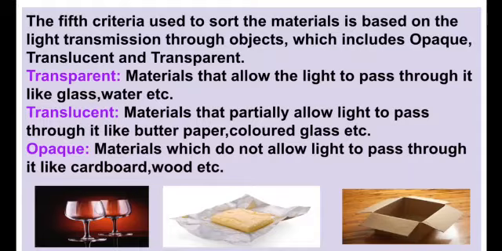So what is transparent? Transparent materials allow light to pass through them, like glass and water. We can see clearly with the glass. Here is the wine glass. You can see through the wine glass from both sides equally, because the glass allows the light to pass through it.